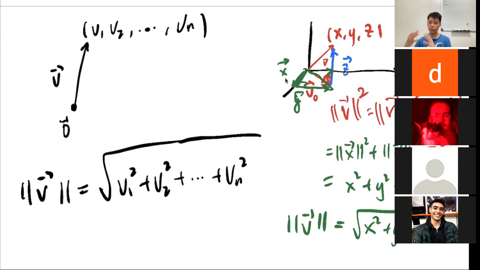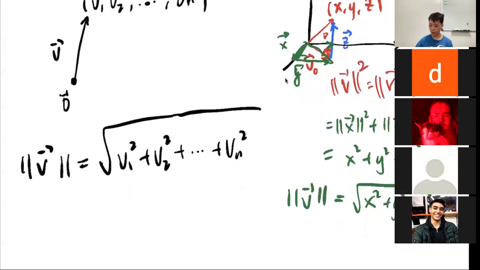In n-dimensional vector space, we can't really imagine what it looks like, but we can always break it down into separate right triangles and use the Pythagorean law. First we break it down into v1, v2, all the way to vn minus 1, and the vector with the same length as vn is perpendicular, so we separate it out. You do the same thing for vn minus 1 all the way to v1 and v2. So that's how we get the formula.